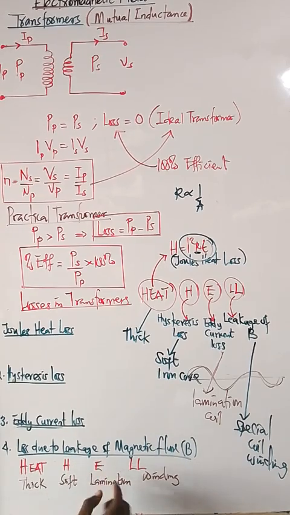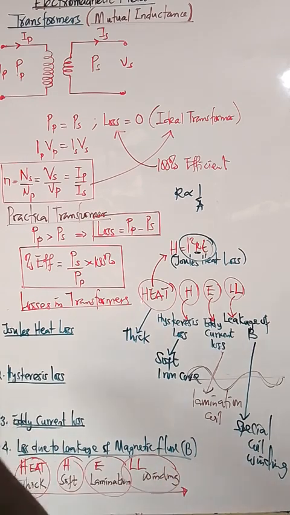Eddy current loss can be reduced by lamination, by laminating the core. Then loss due to the leakage of the magnetic flux can be reduced by special coil winding. So it's HELL. With this, I believe you can easily remember the losses in a transformer and how they can be reduced.